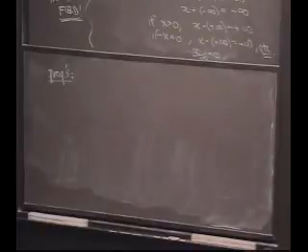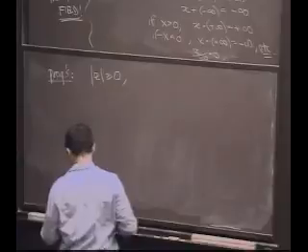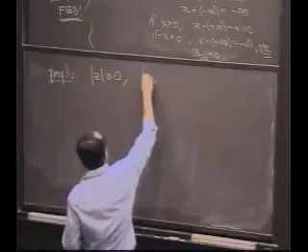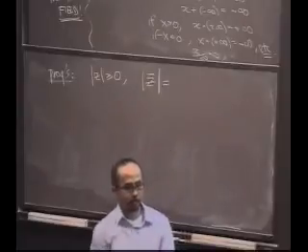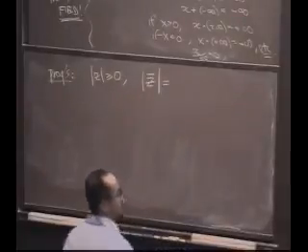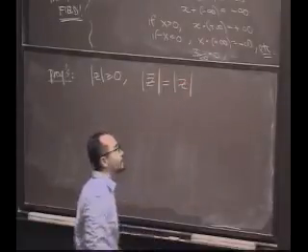Sorry, let me box this because it's rather important. Clearly, the length is bigger than or equal to 0. What can I say about the length of the conjugate? Same thing, a squared plus b squared if it's a plus bi. Good.